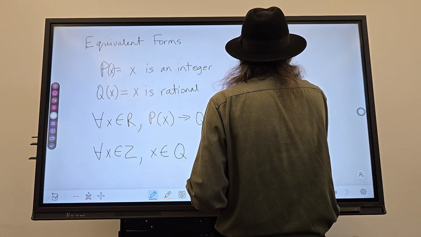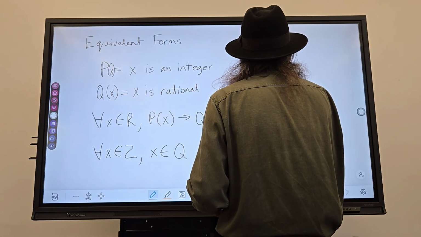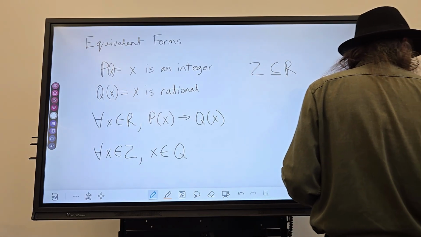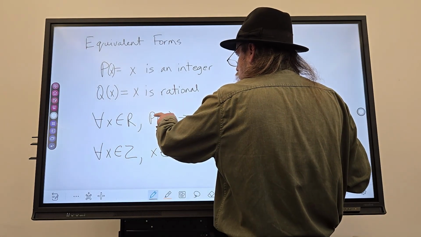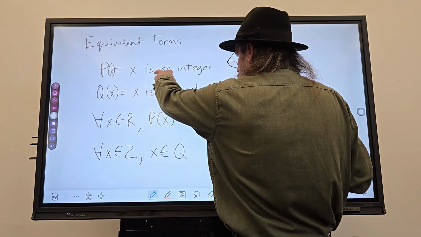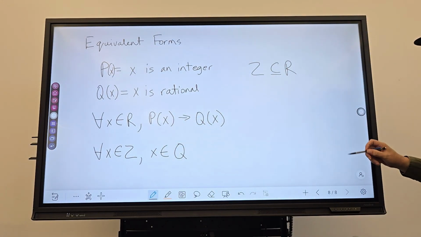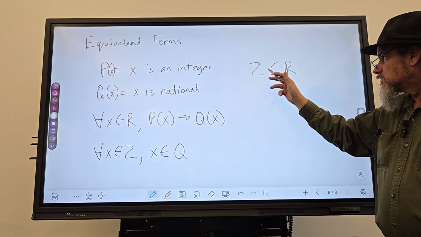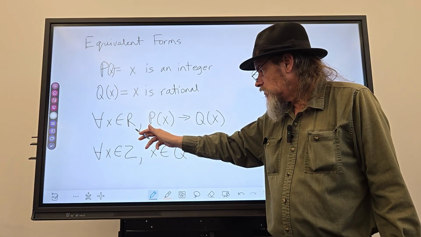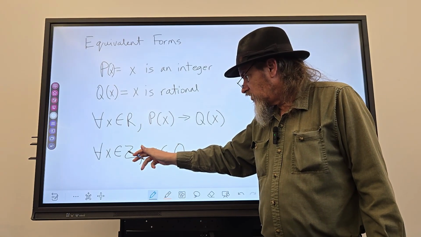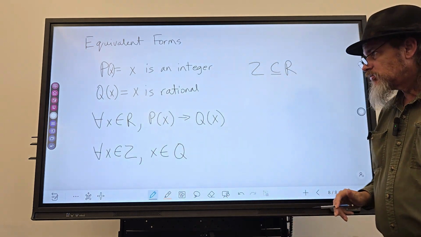Z is a subset of R, so the set of P that satisfies the P is a subset of the set R of the domain here. You can use that subset and eliminate the P predicate.